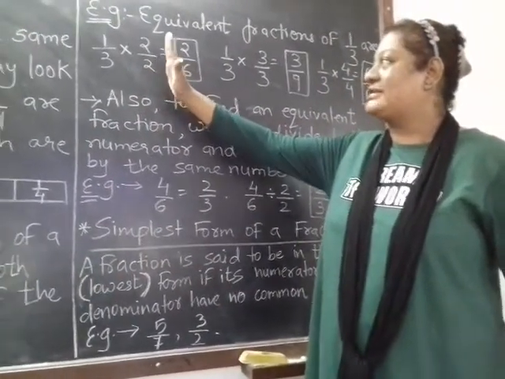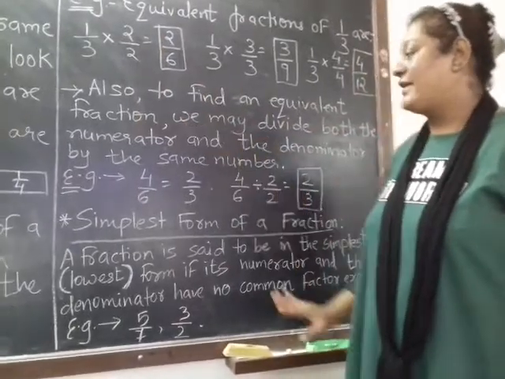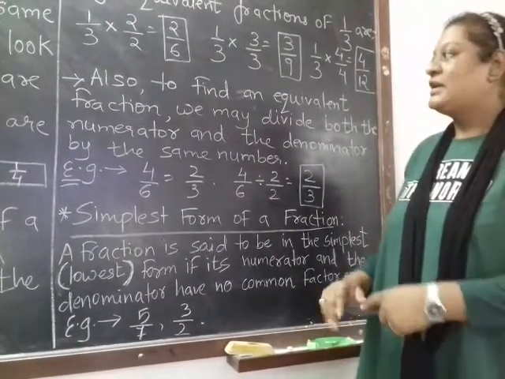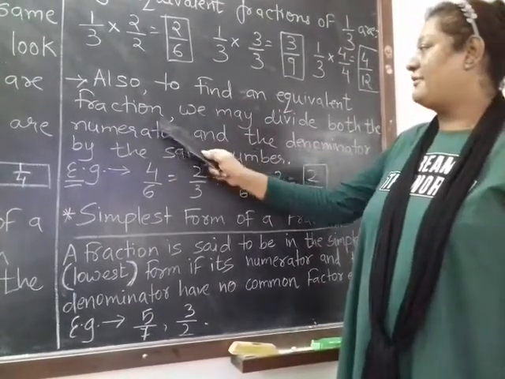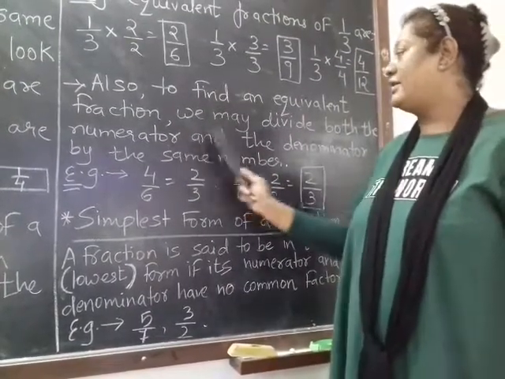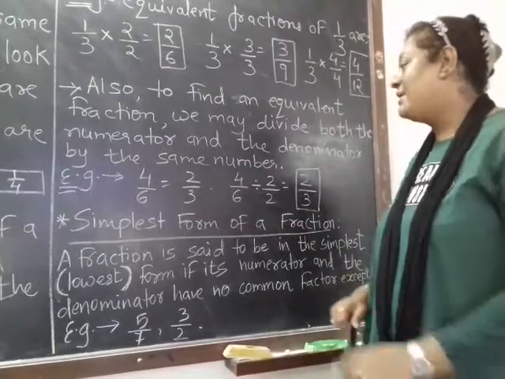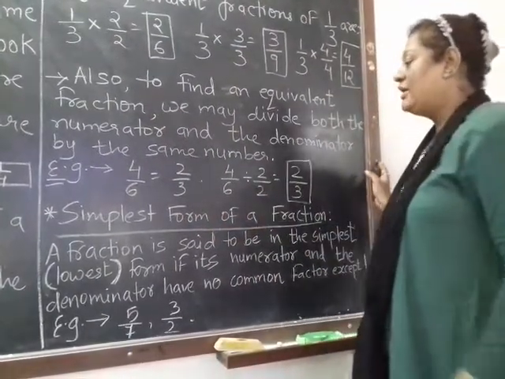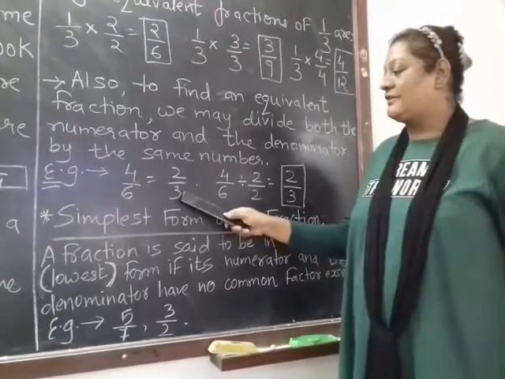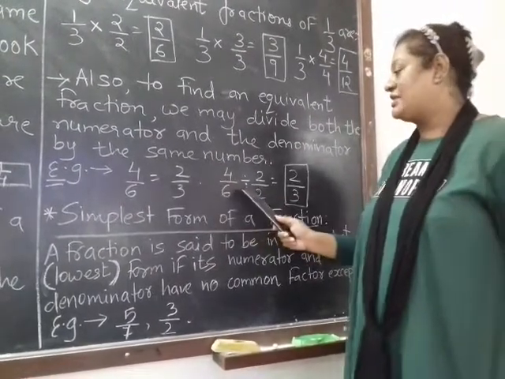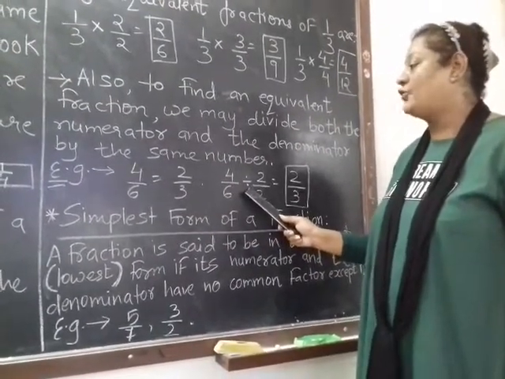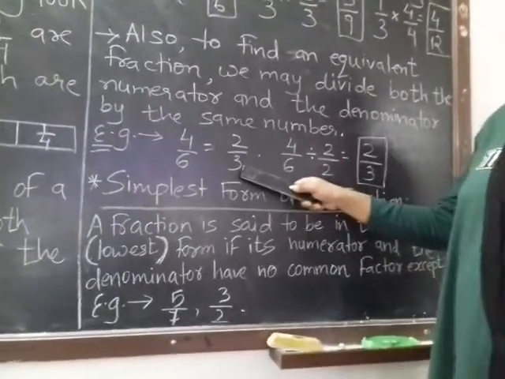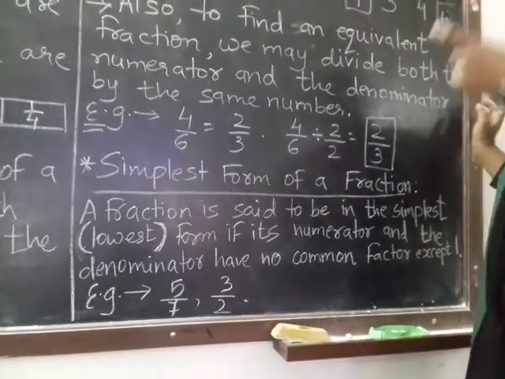The same method can be used to find equivalent fractions with division also. To find an equivalent fraction, we may divide both the numerator and the denominator by the same number. You can see here 4 upon 6 is equal to 2 upon 3. How does 2 upon 3 come? I divide 4 upon 6 by a common factor, 2. In the table of 2, 6 and 4 both come, but in the table of 3 only 6 comes, so I cannot use 3.